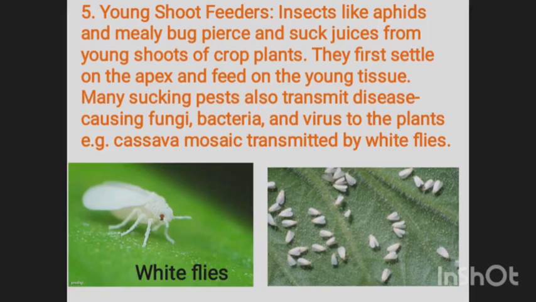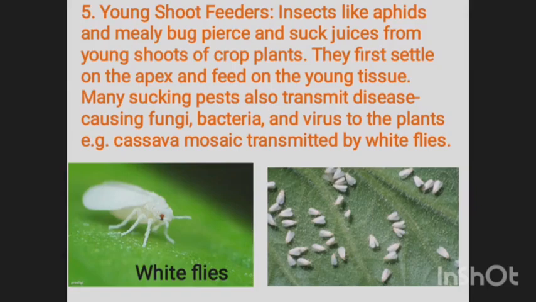Next we have the young shoot feeders. This particular pest is interested only in young plants that are growing, so they feed on young plants or young shoots. Examples are the aphid and the mealybug. They feed by piercing and sucking juice from these young plants, and they transmit diseases such as fungi, bacteria, and virus to the plants, thereby causing the plants to die early.